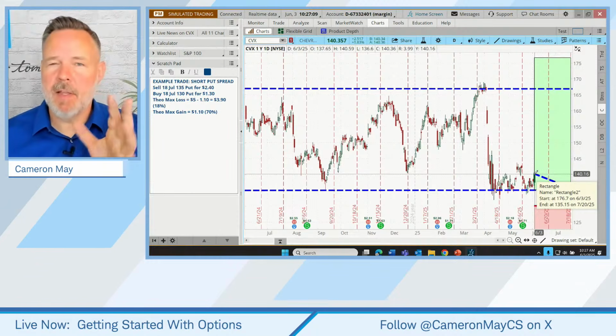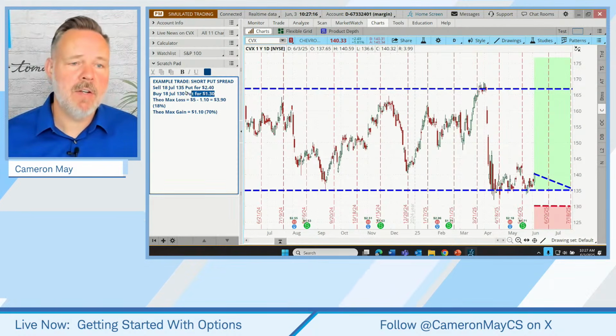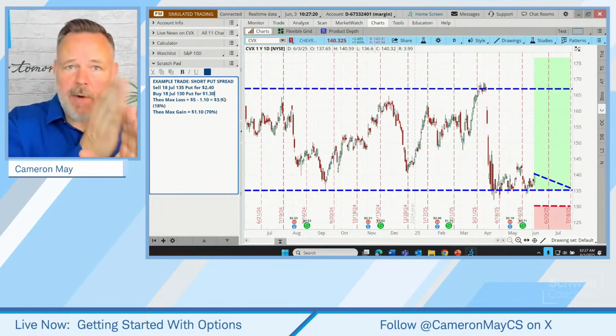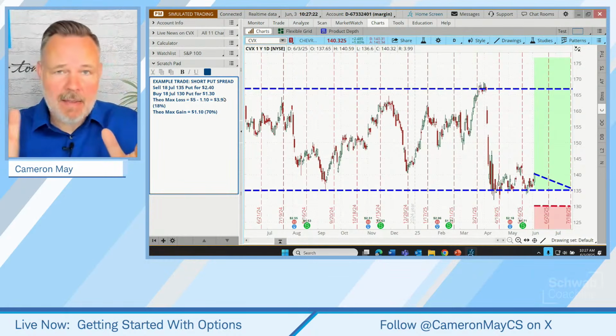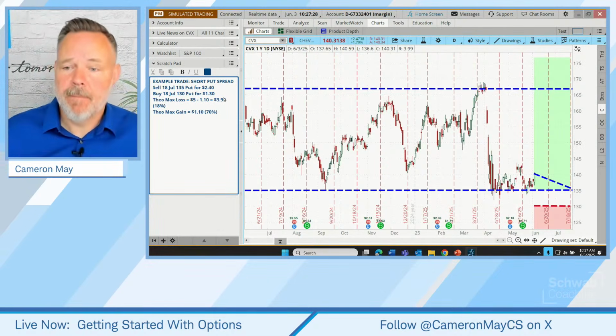One thing that I want to make sure that we address here, though, especially for those that are new to options trading, we're in these two contracts, and we have to think ahead to that expiration event. If we decide to let this thing go all the way to expiration, we have to know what may happen at expiration.